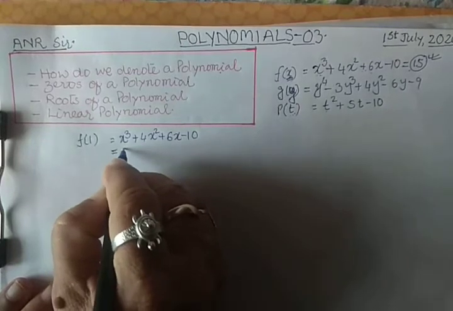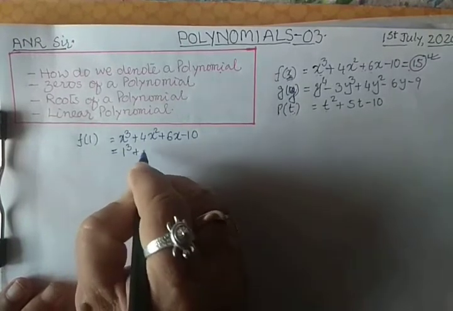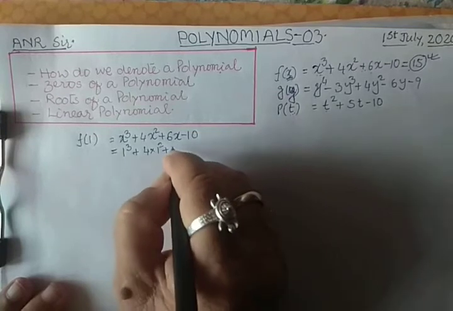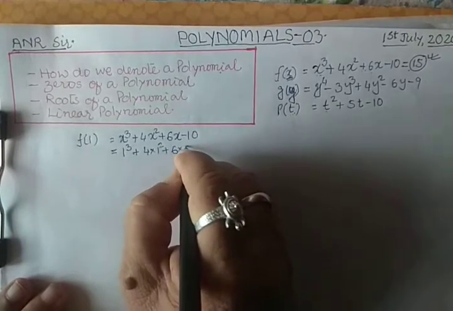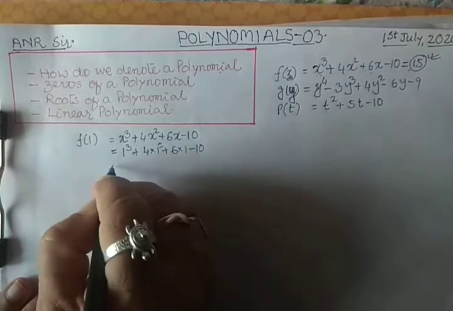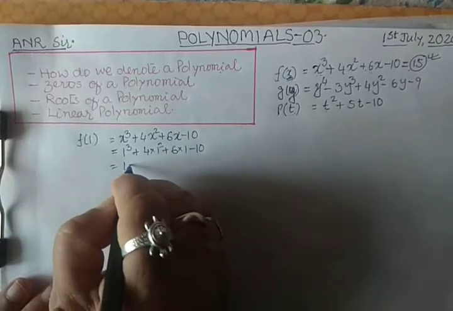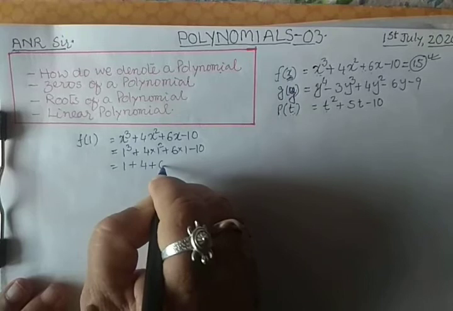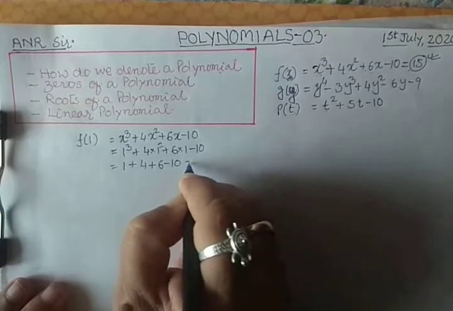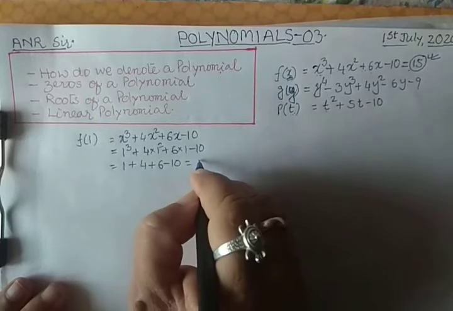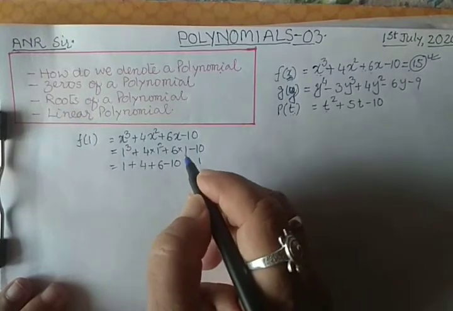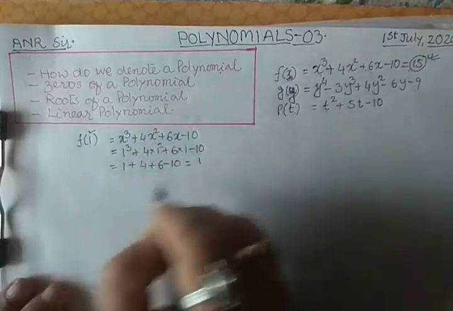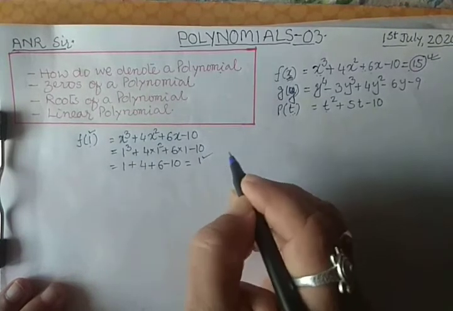So here, 1 cube plus 4 into 1 square plus 6 into 1 minus 10. 1 cube means 1, plus 4 into 1 square means 4, plus 6, minus 10. That means 11 minus 10, that means 1. So if you take input x as 1, you get output also 1.